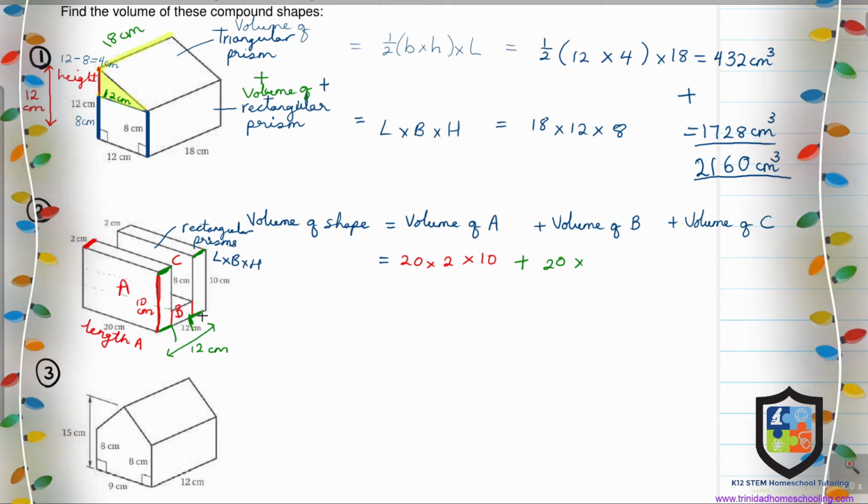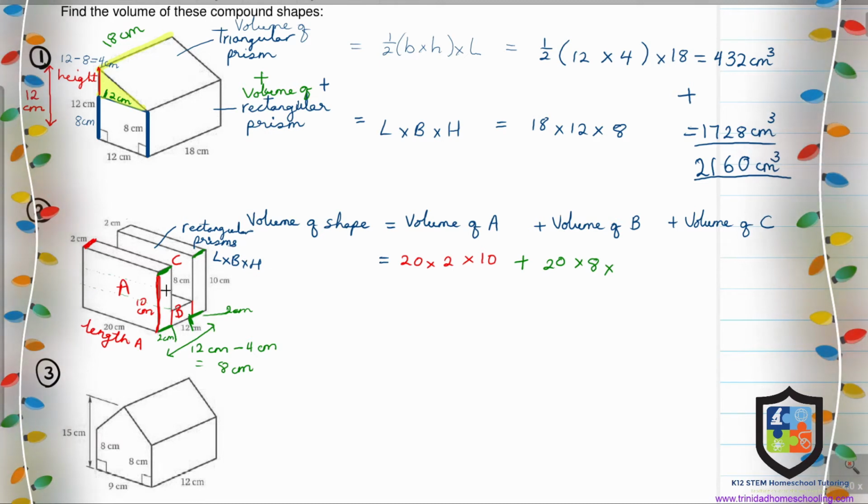So if this is 2 centimeters and this is 2 centimeters, what is this piece in the middle? That is for B. So we're just going to subtract 2 plus 2, which is 4 centimeters, and that breadth of B is going to be 8 centimeters. Okay, so 8 is my breadth.